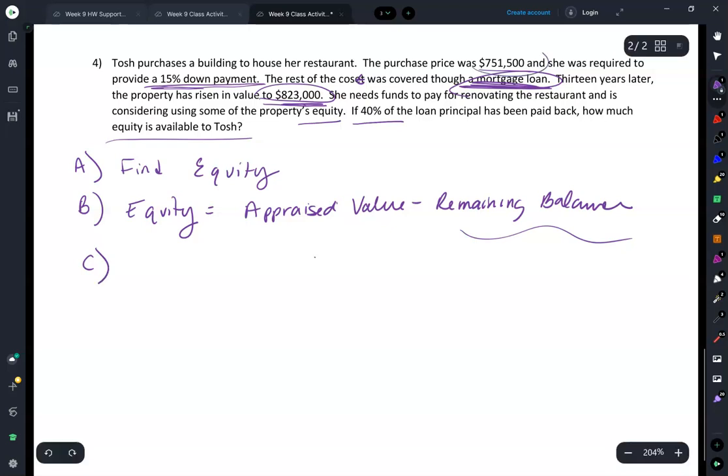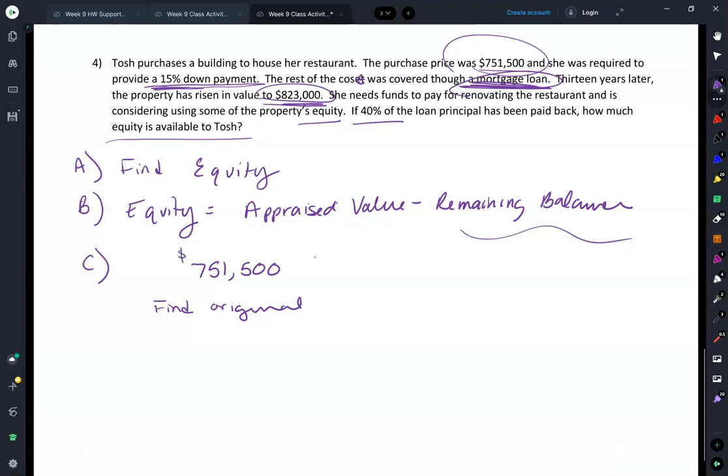We know that the original price was $751,500. We know that there was a 15% down payment, so we can figure out what the mortgage was. So I've got to do some multi-steps here. The first thing would be to find the original mortgage that she had. It wasn't all of this. Only 15% of that was the down payment.